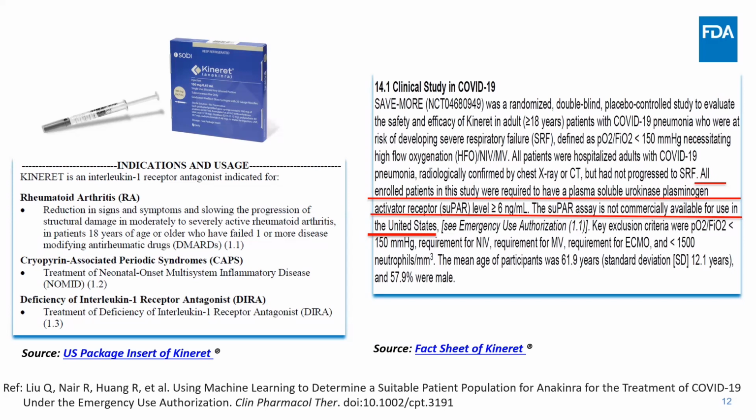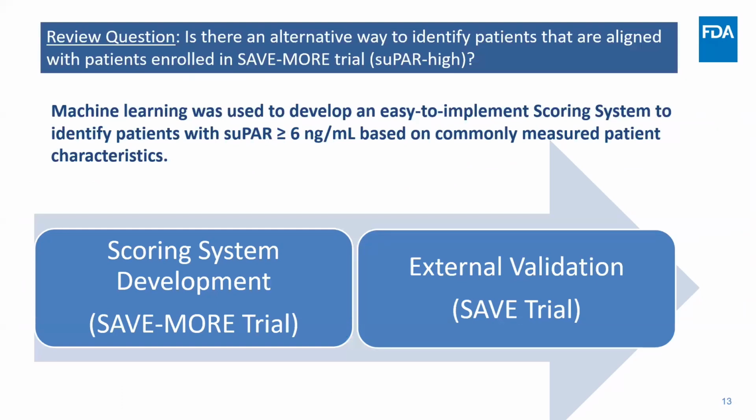Also, this is COVID, several years ago, and we needed some way to handle this life-threatening disease. Under that situation, our review team tried to play with the tools we have. We came up with a research question: is there an alternative way to identify patients aligned with those enrolled in the study, who had high suPAR?